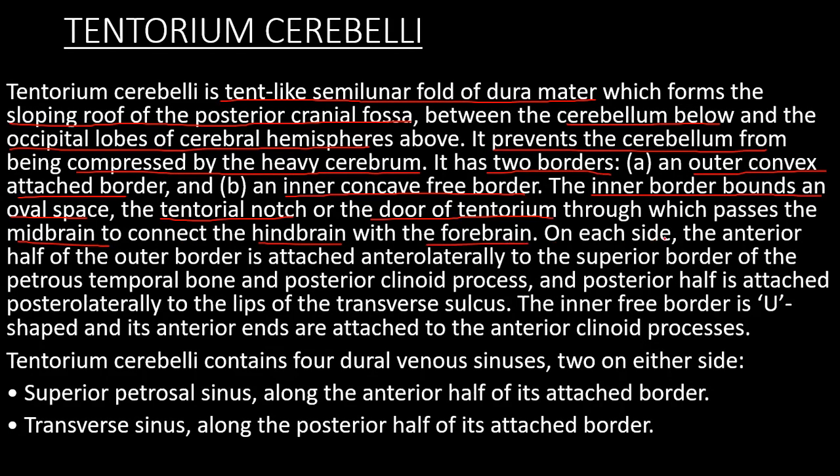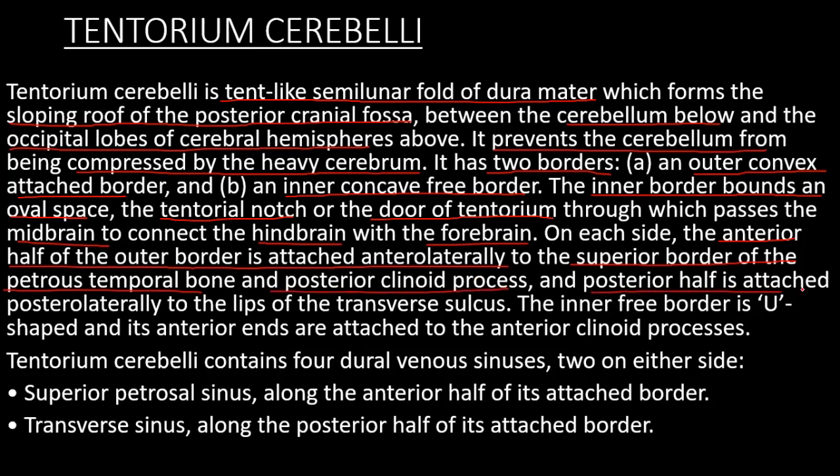Okay, then on each side along the outer attached border, the anterior half of the outer border is attached anterolaterally to the superior border of the petrous temporal bone and the posterior clinoid process.